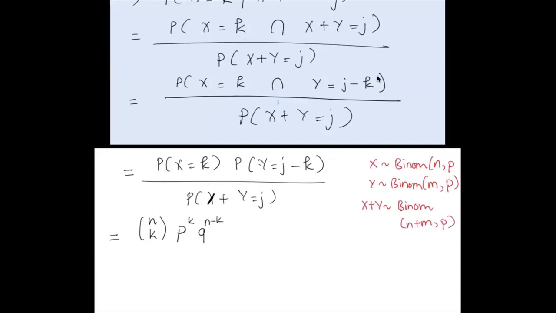So I have q here equal to 1 minus p, which is the probability of failure. Similarly, here you have n trials and you want j minus k successes.